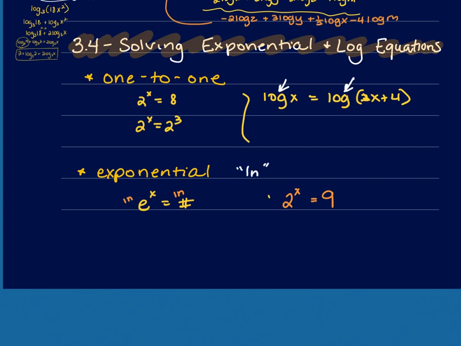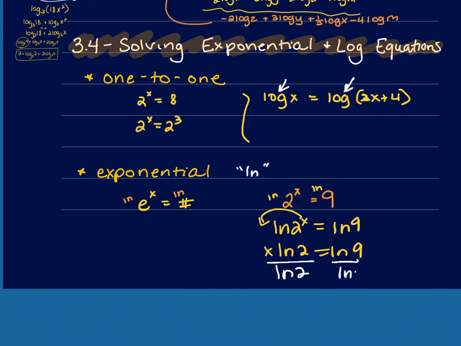Which means I'm going to ln both sides of this equation. I'd get ln of 2 to the x equals ln of 9. The x comes forward here, x ln of 2 equals ln of 9. And then to solve this, I would divide both sides by ln of 2. And I get x equals ln of 9 over ln of 2. And that you can do in your calculator. So if you cannot change the base to be the same, it's an exponential function, and you would ln both sides of the equation.